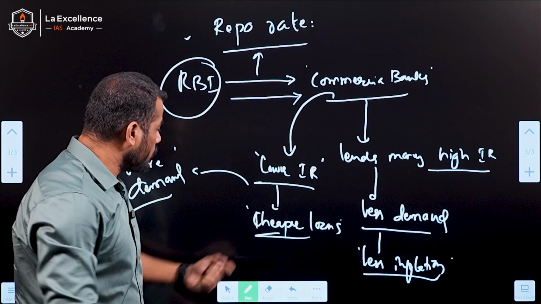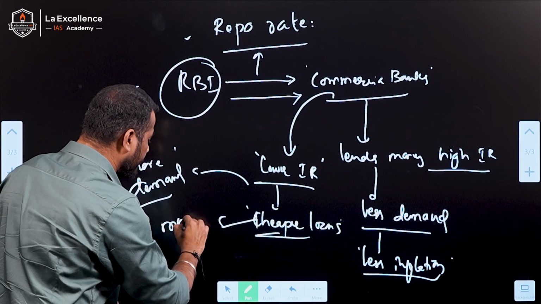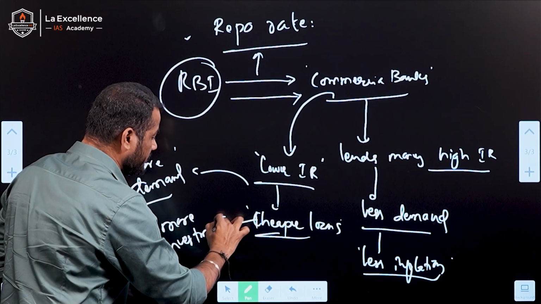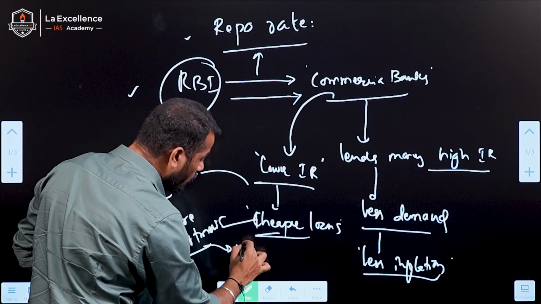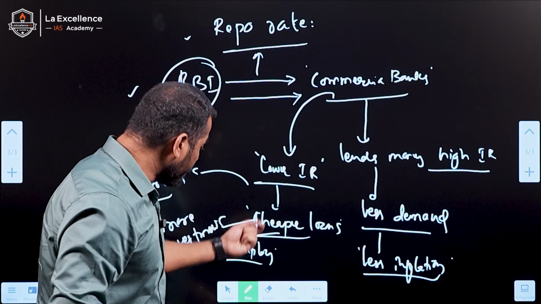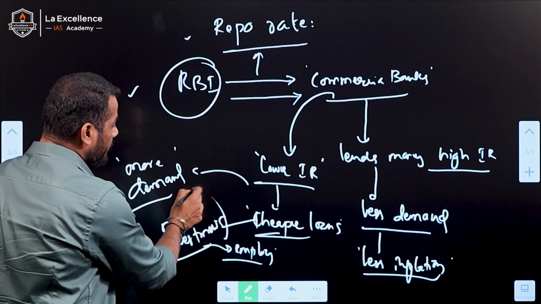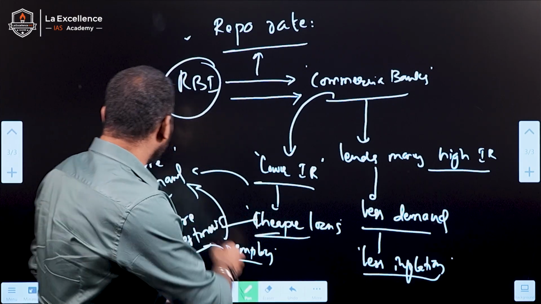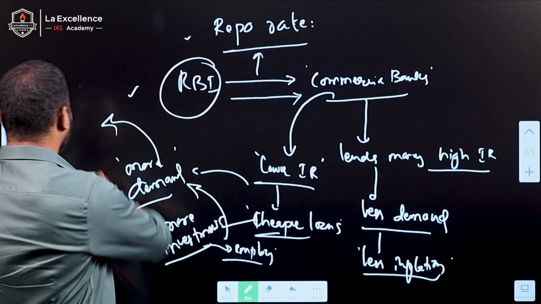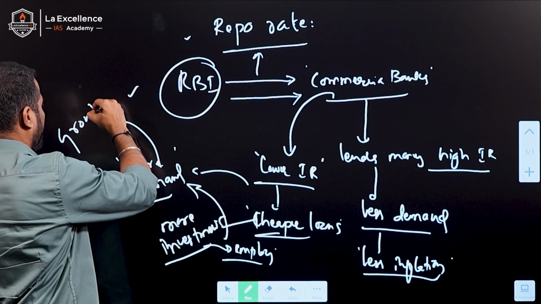When there is more demand for commodities, there will be more production. When there are cheaper loans, there will be more investment as well. More investment means more employment generation, which again creates more demand. More demand, more employment and more investment mean growth in the economy.